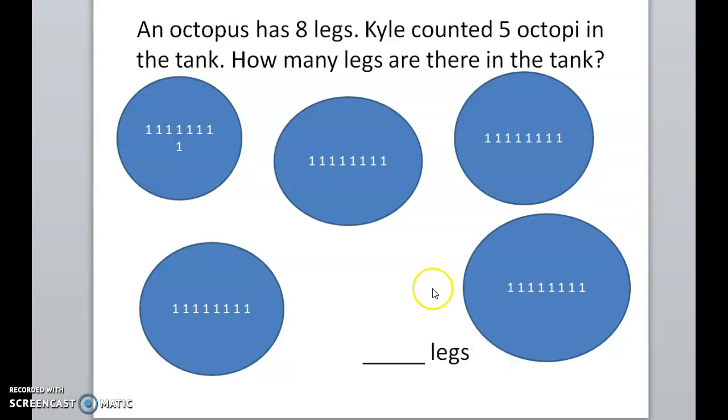Okay, so then what we can do is we can count, okay, how many we have all together. Not just in one group, but how many we have all together in all of our groups. So I know that this is 8.